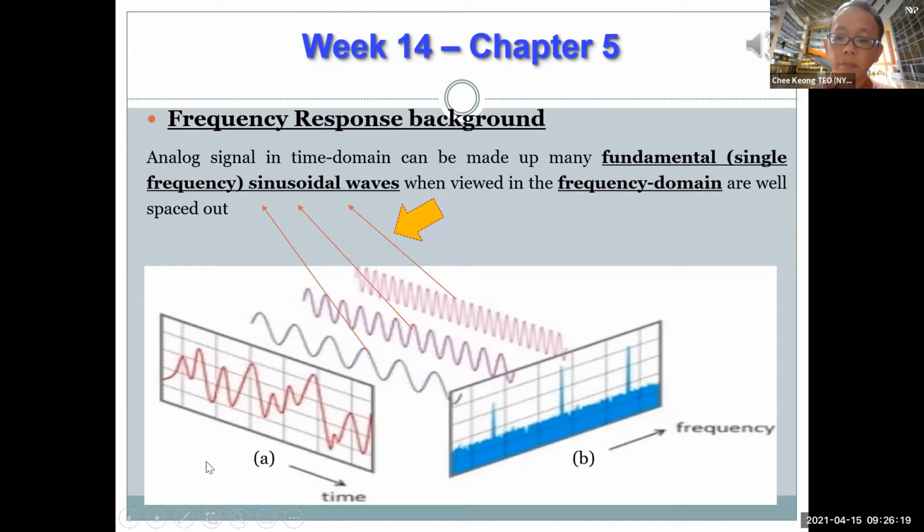Recall in chapter 3 we mentioned an analog signal being made up of multiple fundamental frequencies, and when viewed in the frequency domain they are well spaced out.